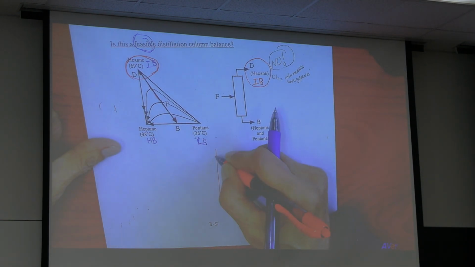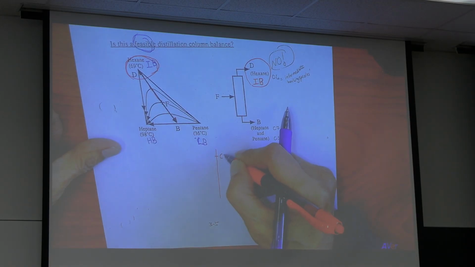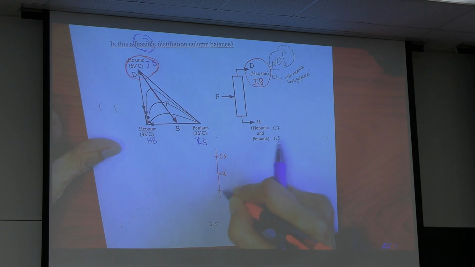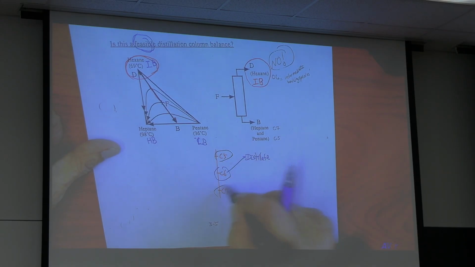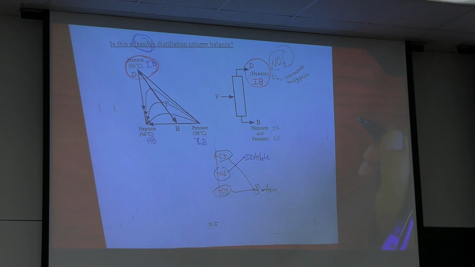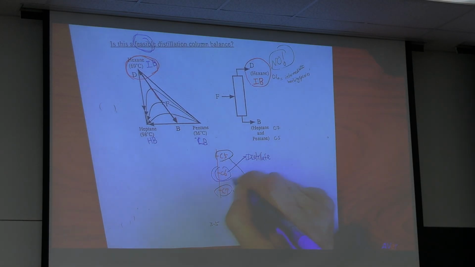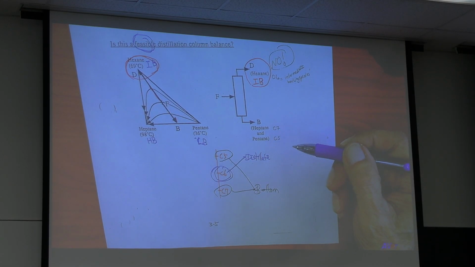Just like you have three components. Carbon 5, carbon 6, carbon 7. You want to take this and distillate. You want to take both bottom. Can you do this? You cannot. You want to get the intermediate component and distillate. Okay?